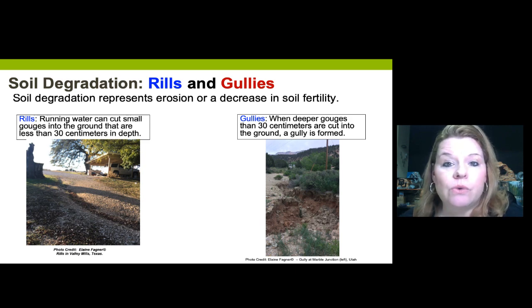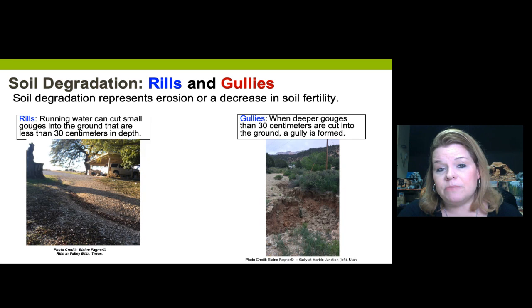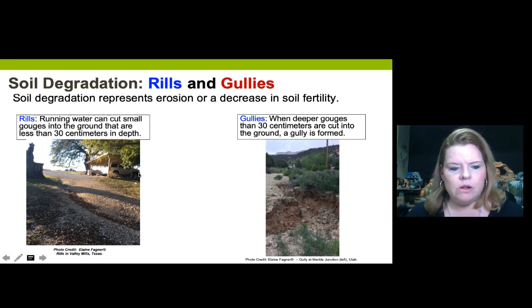It decreases its soil fertility, and also can become something that will no longer yield very good movement of water and groundwater and so forth. So rills are small little cuts in ground that are 30 centimeters or less in depth. So this is a rill right now where I'm living, and you can see it's not very deep. It's probably about 20 centimeters deep.